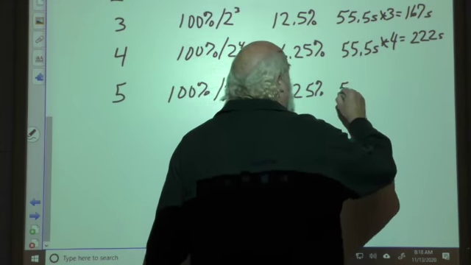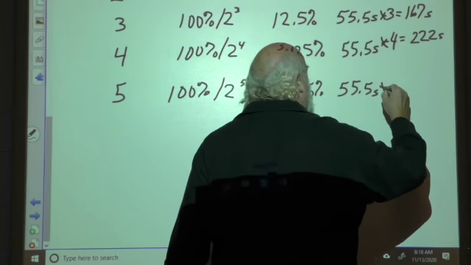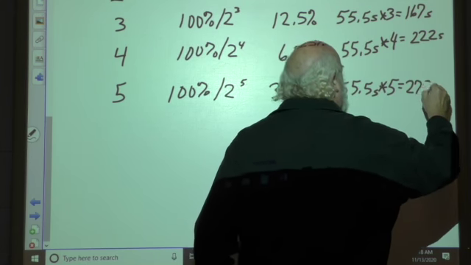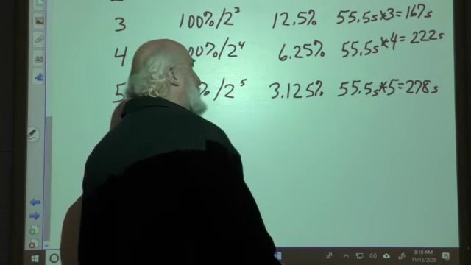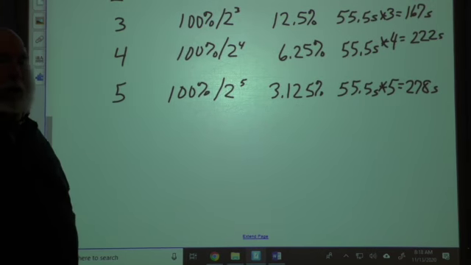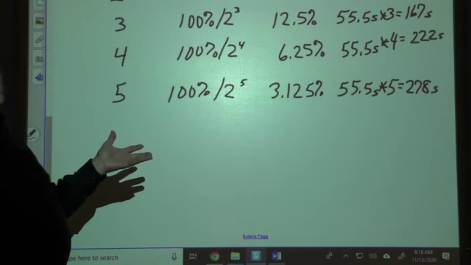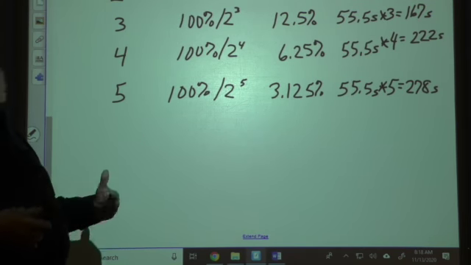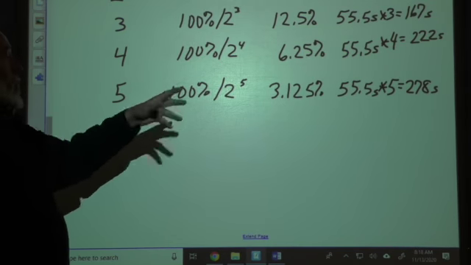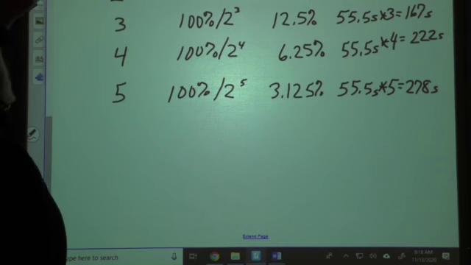This is 55.5 seconds times 5, and we get 278 seconds. And that's how you do a half-life chart. Halftime, you just analyze it and see who could have thrown the ball there, who should have caught that. No, wrong halftime. Half-life formula for this.